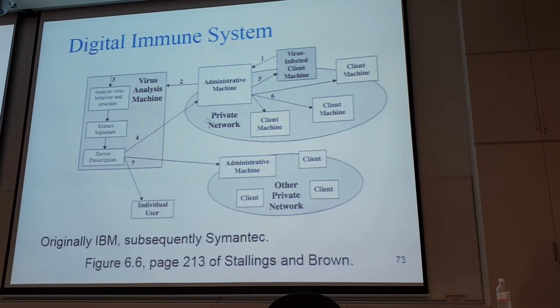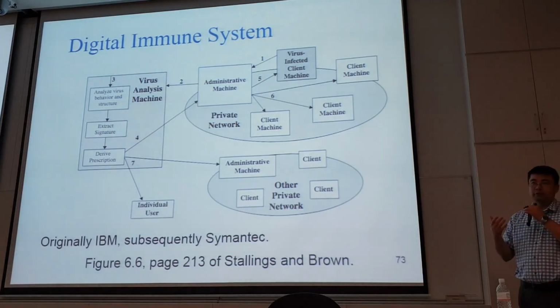Then for each network, we have an administrative machine which has a server copy of the antivirus software, and each client has the client version. The client will do, for example, scanning and monitoring of the system.